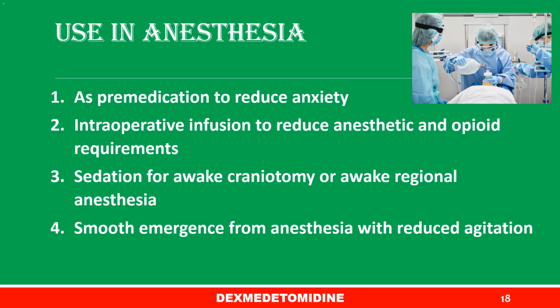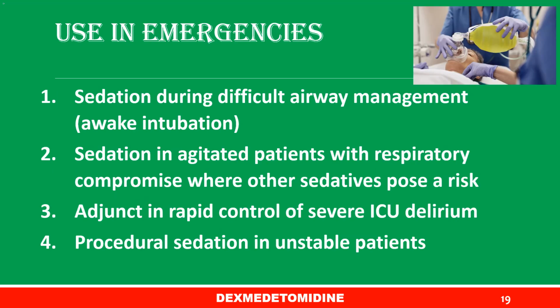Sedation for awake craniotomy or awake regional anesthesia. Dexmedetomidine sedates patients during certain awake surgeries like brain surgery or regional anesthesia. 4. Smooth emergence from anesthesia with reduced agitation. Dexmedetomidine can help patients wake up smoothly from anesthesia with less agitation. Use of dexmedetomidine in emergencies. 1.